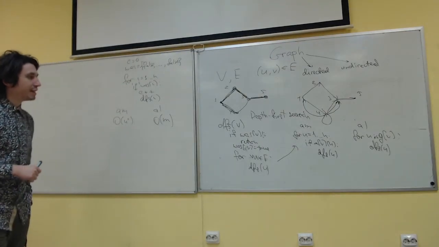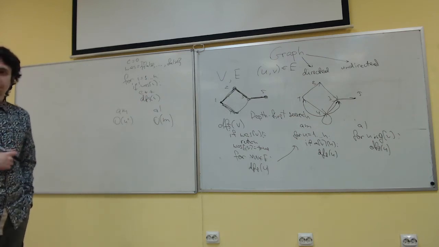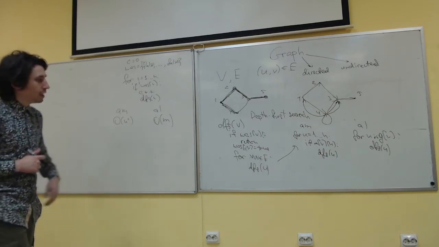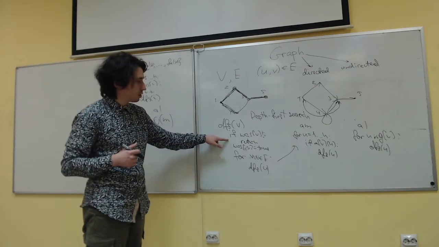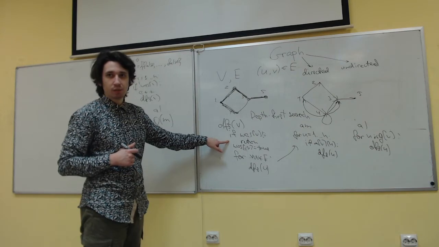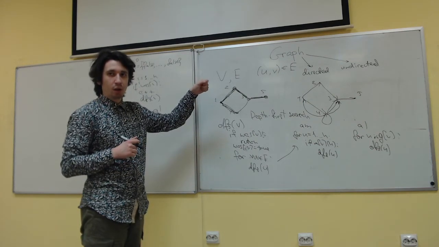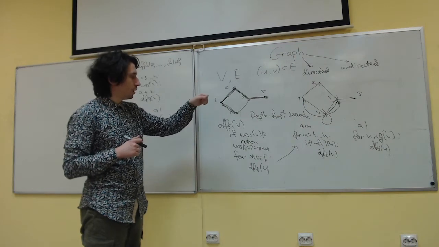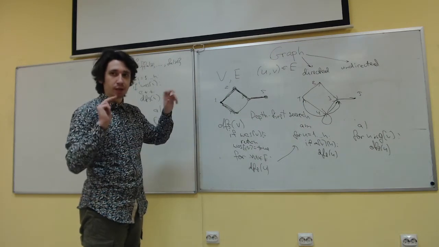DFS builds some spanning tree. What does it mean? When you go from vertex V to vertex U and it is not visited, then we draw an edge between them in the spanning tree.